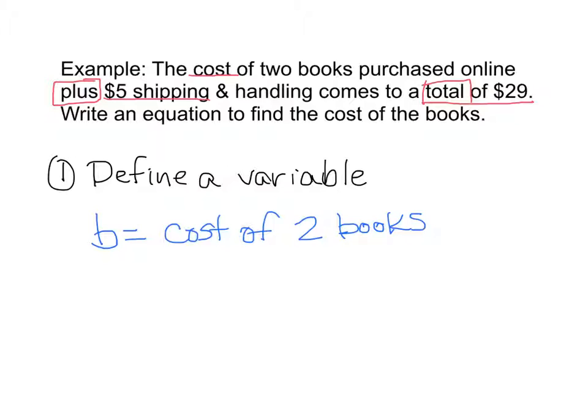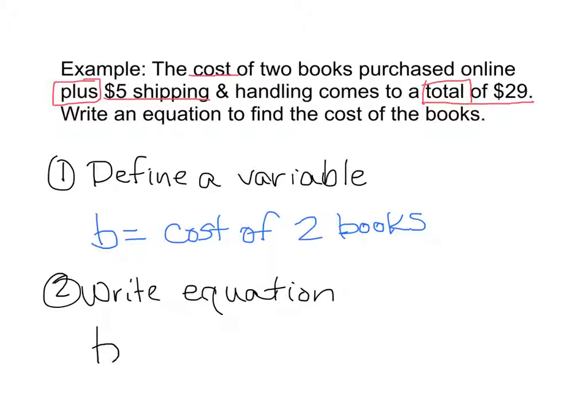All right, I'm ready to write my equation. It says the cost of 2 books. What did we use to represent the cost of 2 books? B. The cost of 2 books purchased online plus $5 shipping and handling.